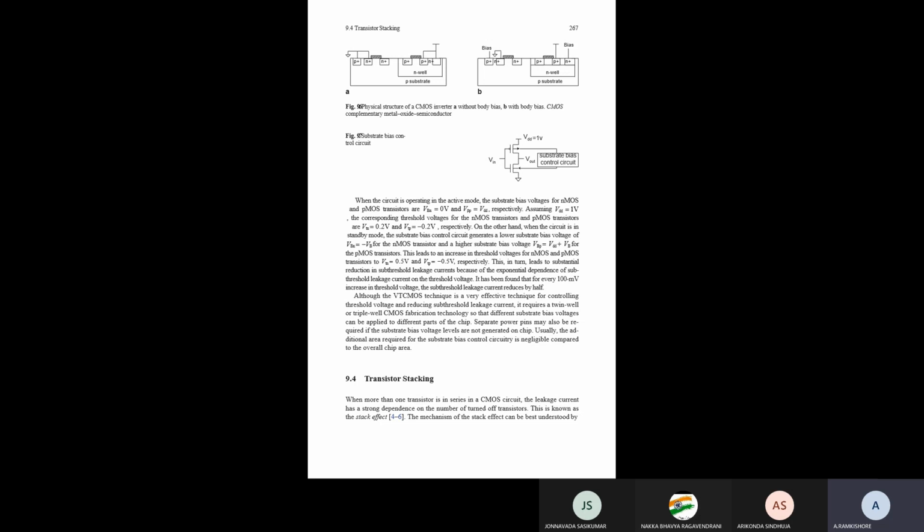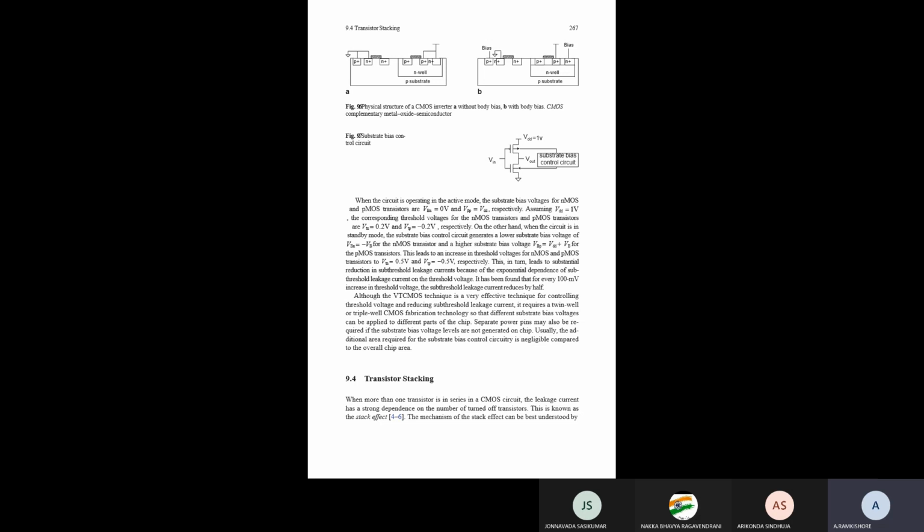That operation we have already seen. So here, in this structure of the variable threshold complementary metal oxide semiconductor, this is the physical structure of the CMOS inverter.